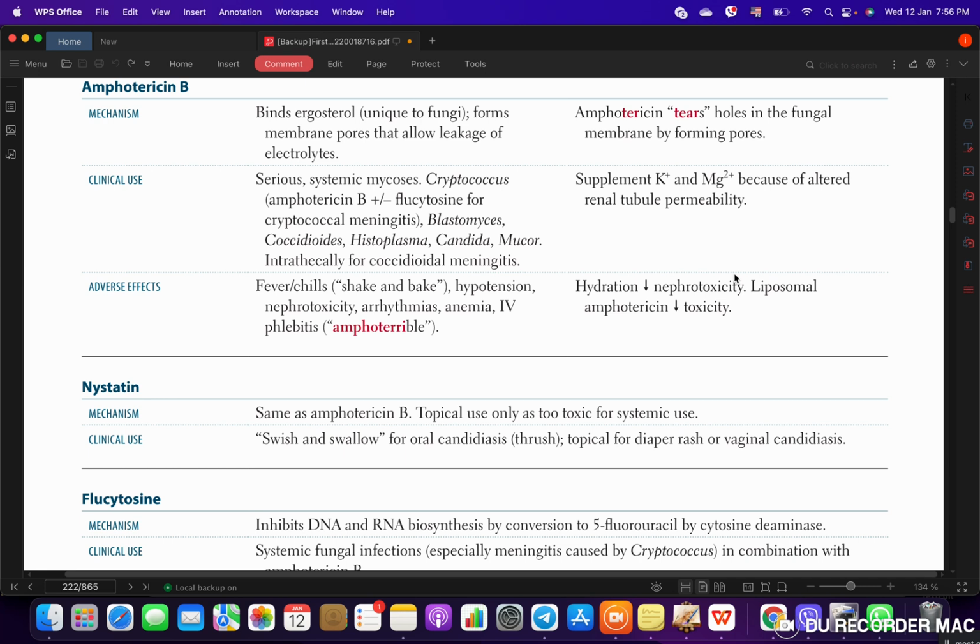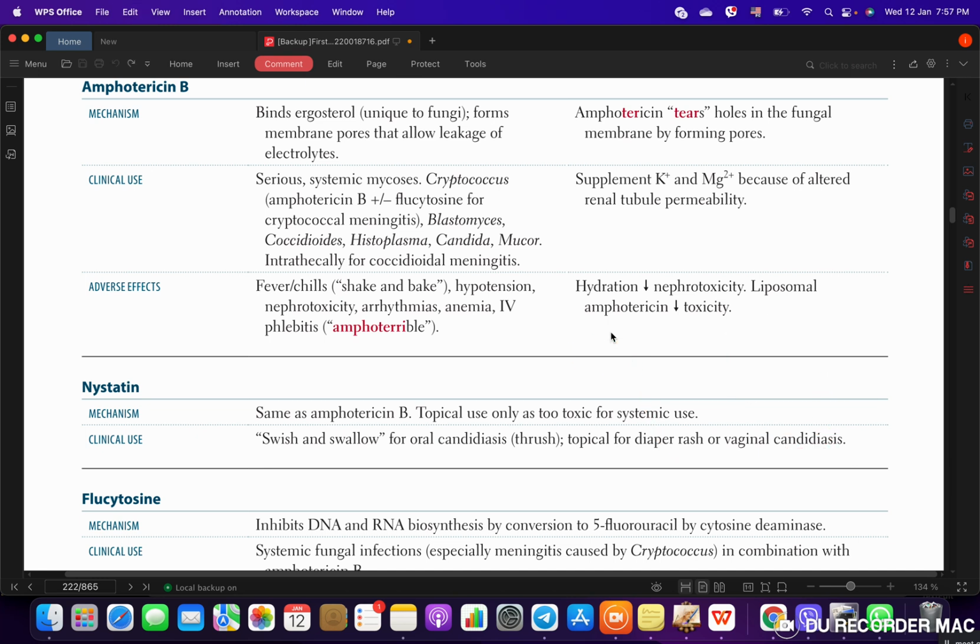The adverse effects include fever and chills, the shake and bake, and also hypotension, nephrotoxicity, and arrhythmias. As you can see, hypotension is problematic, fever and chills are problematic, nephrotoxicity is problematic, and arrhythmia is problematic. Anemia and IV phlebitis are also serious side effects. To prevent these side effects, you need to do hydration or use liposomal amphotericin, which is the same amphotericin, but it has a specialized wall around it, which makes it go to the cell without leading to side effects.